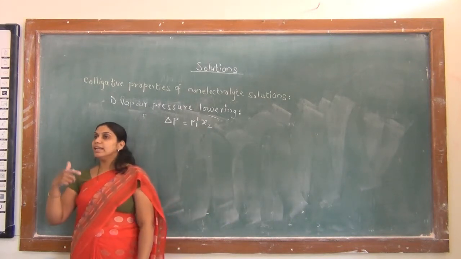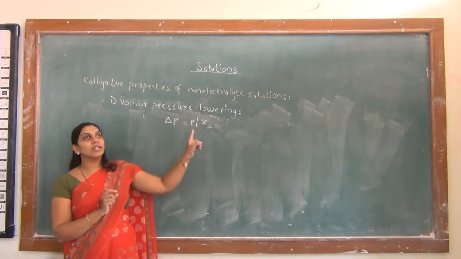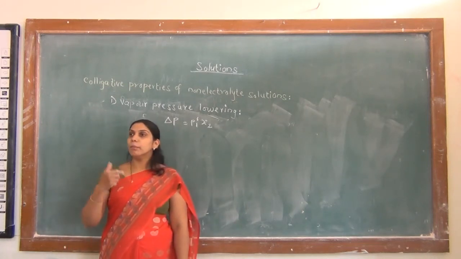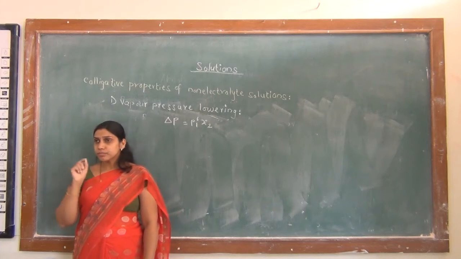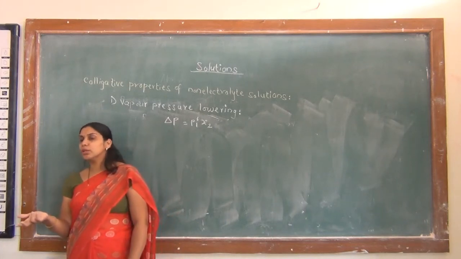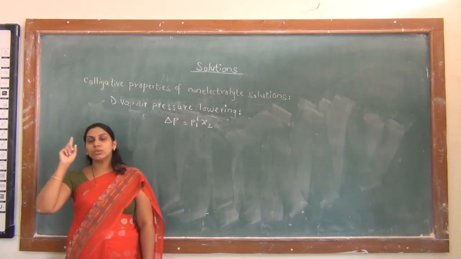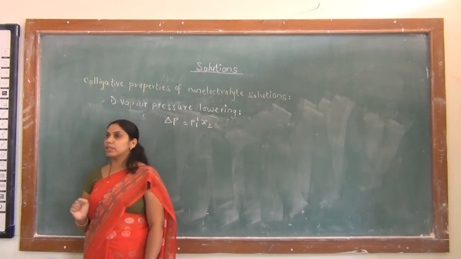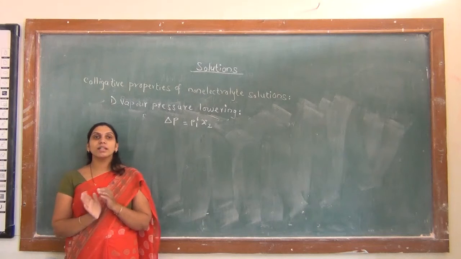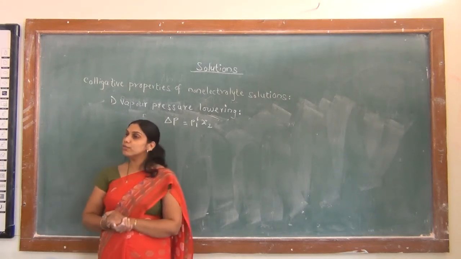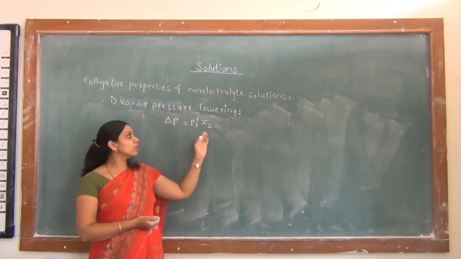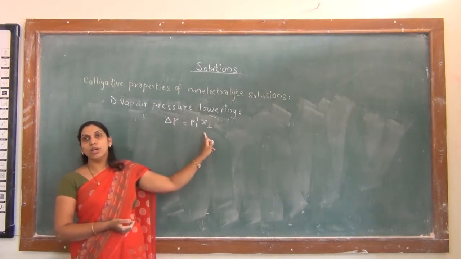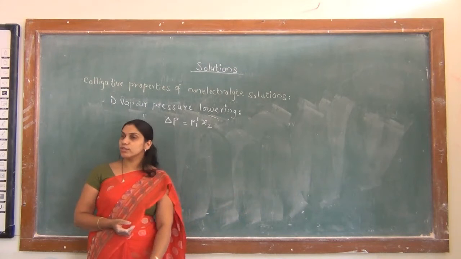That means indirectly we say that the delta P, that is vapor pressure lowering, depends on the number of solute particles. And as it depends on the number of solute particles, remember the definition of colligative properties. What are colligative properties? These are the physical properties that depend on number of solute particles. If you observe this equation carefully, you will find that delta P depends on x2, x2 depends on number of moles of solute.